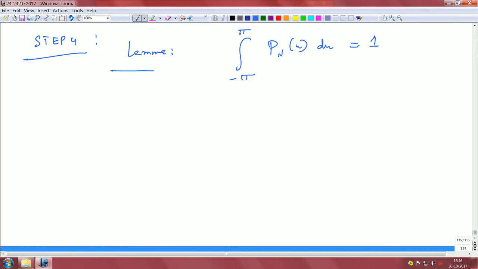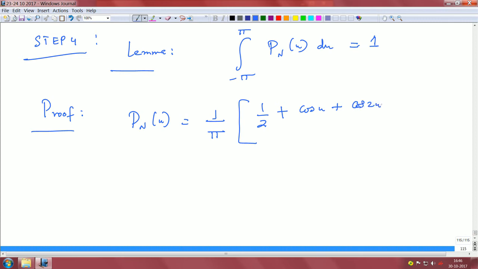Now, how would you prove this result? So, basically you write Pn of u in the original form 1 upon pi times 1/2 plus cos u plus cos 2u plus so on till cos n times u. Now, when you integrate all these functions cos u, cos 2u, so on till cos n u, that just vanishes over the cycle, and 1 upon 2 pi you integrate from minus pi to pi, it is 1.